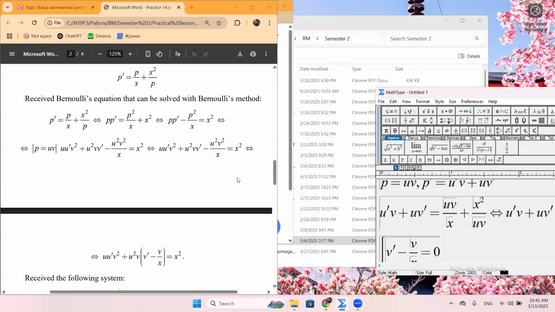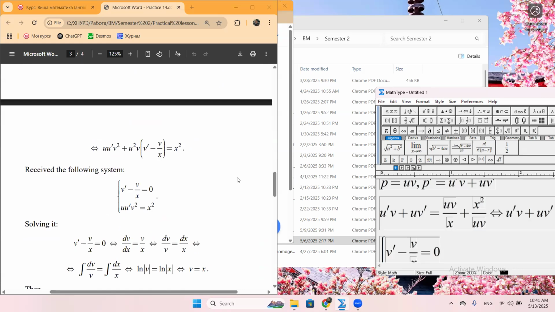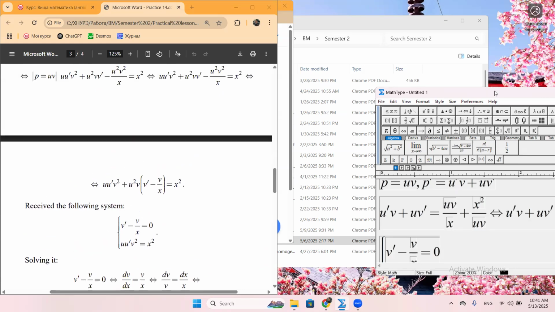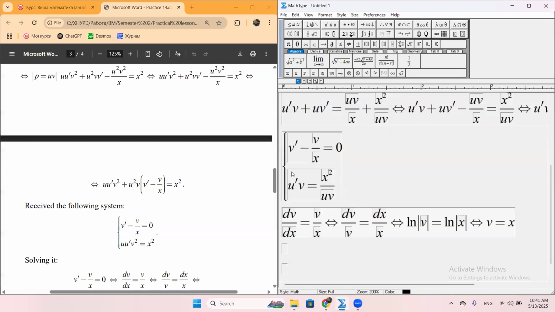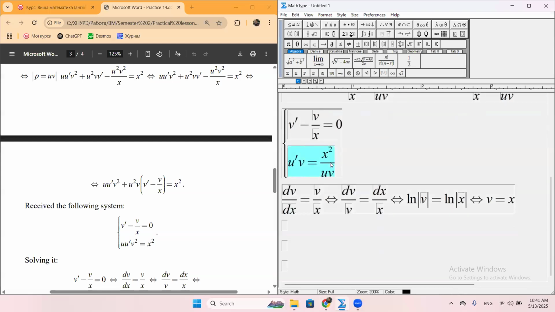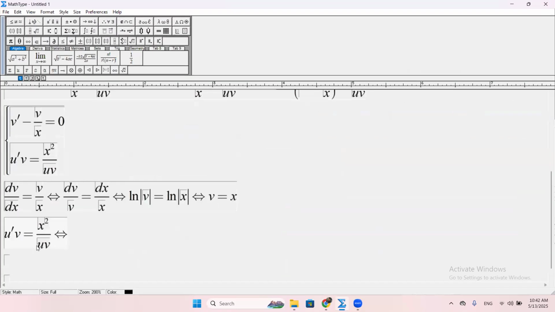So let me check here. Yeah, v equals x. Nice. Then I will substitute x instead of v into this equation. So what will I receive? u prime x equals x square by ux.